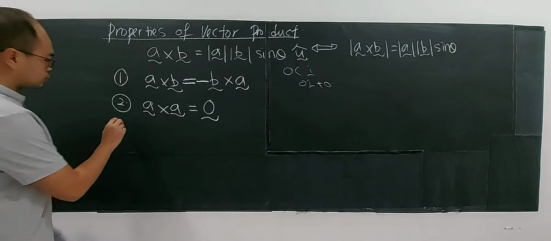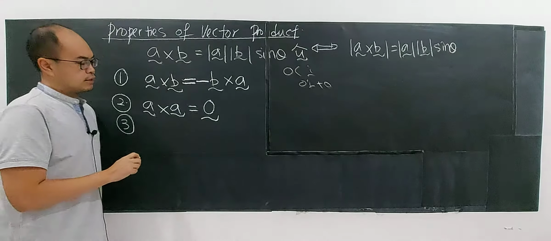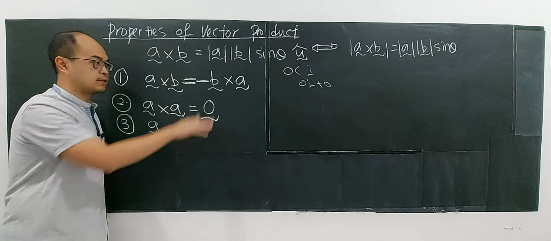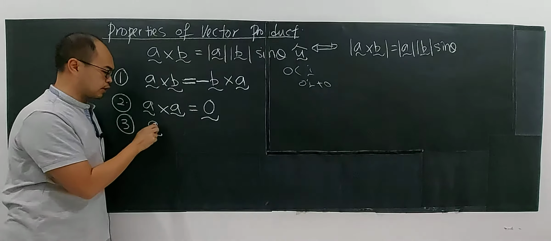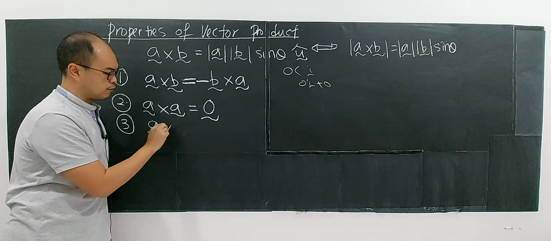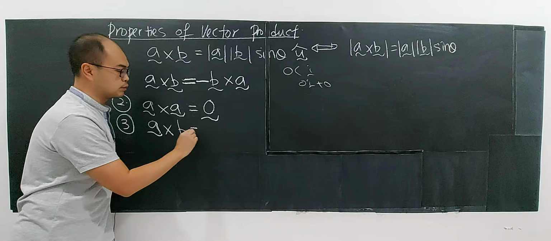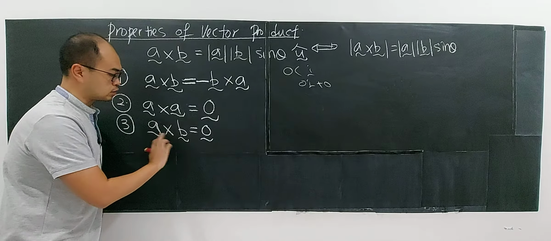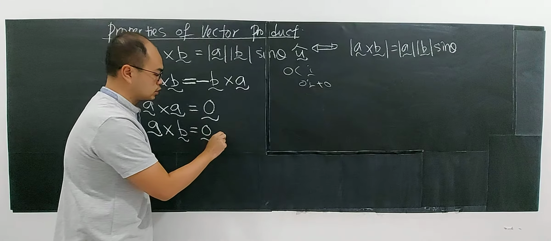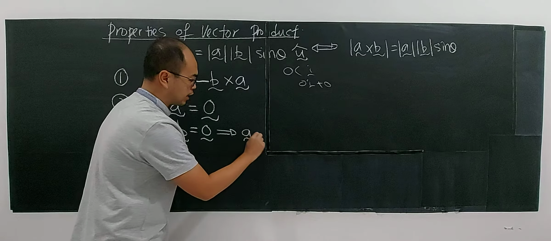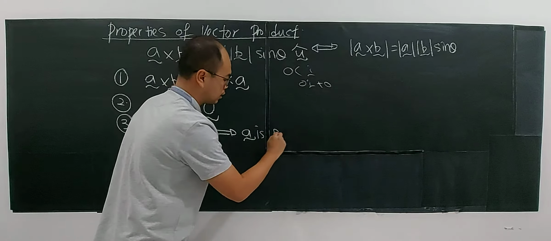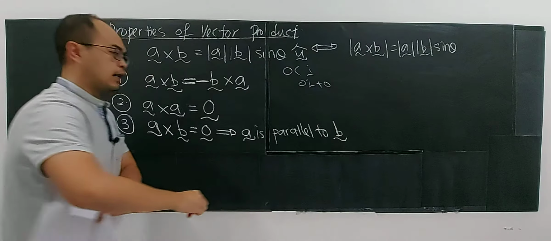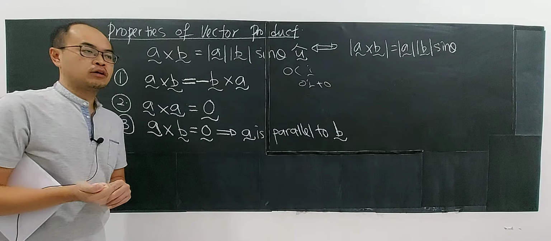Thirdly, let's say A cross B happens to be a zero vector. I will summarize the important ones first, and later there are many more, but this is the one that's famous in your examination. If you cross two vectors and get a zero vector, you can conclude that vector A is parallel to vector B, either in the same direction or in the opposite direction.